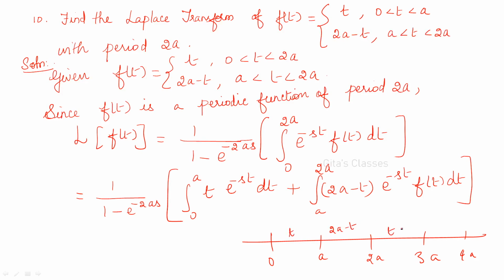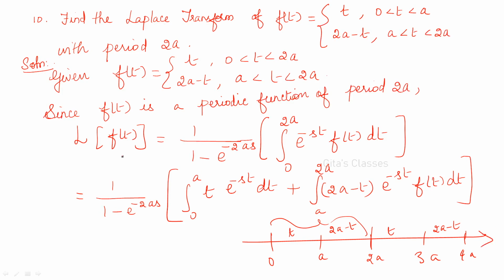And it is the repeated function, okay, 2a minus t. The same function is repeated from 2a to 3a. This is a periodic function of period 2a. That means from 0 to a it is t, and a to 2a 2a minus t. So the same function will be repeated from 2a to 4a and 4a to 6a and so on.